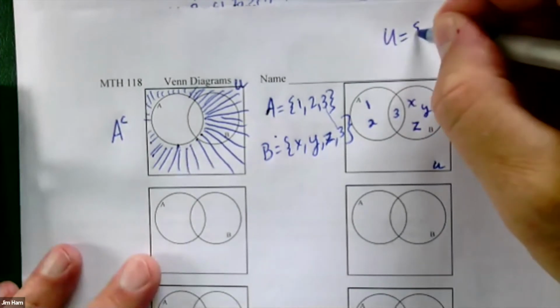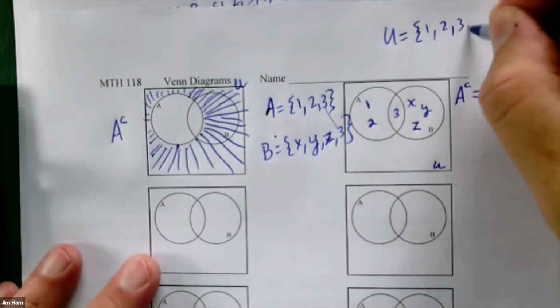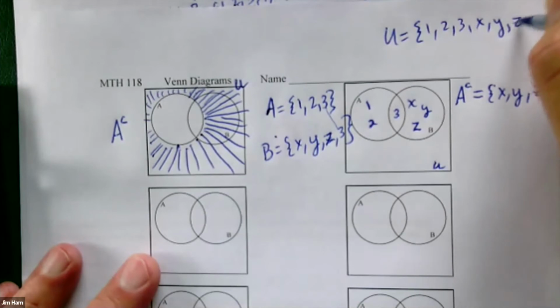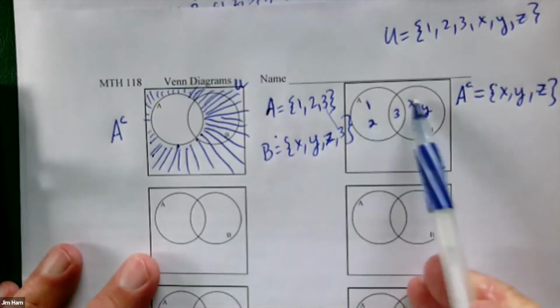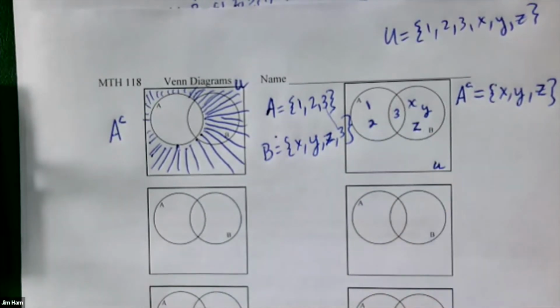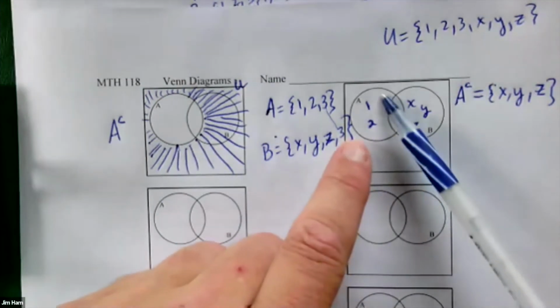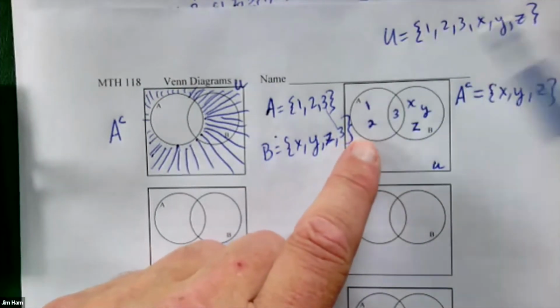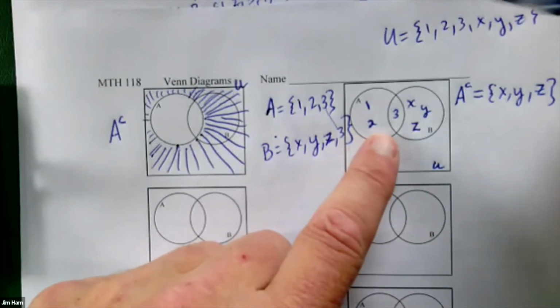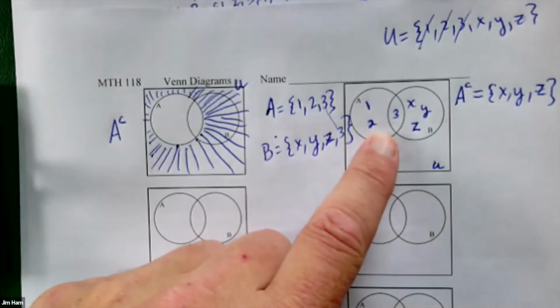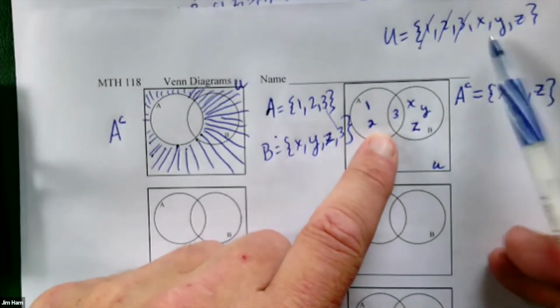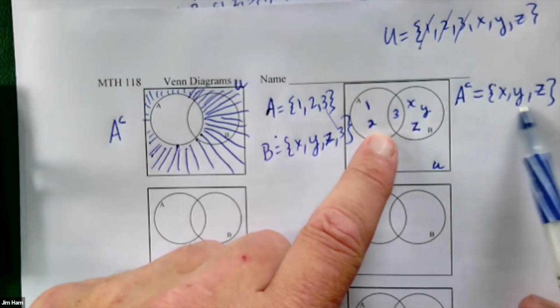If you say the universal set is 1, 2, 3, X, Y, Z, because you see 1, 2, 3, X, Y, Z and nothing else in this diagram, if you wanted to calculate a complement, what you do is you just strike out of the universal set these elements 1, 2, and 3. If you take out 1, 2, and 3, what are you left with? X, Y, and Z.